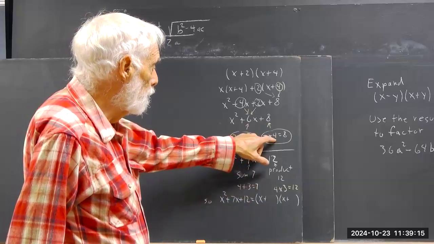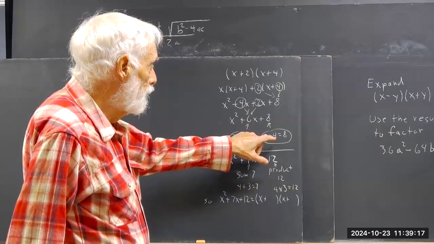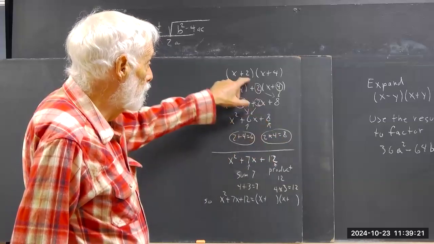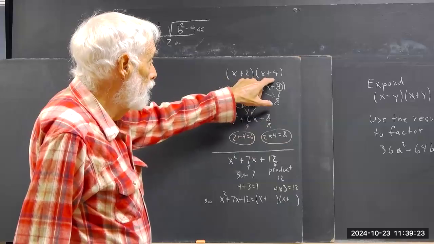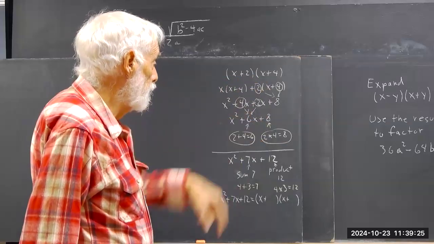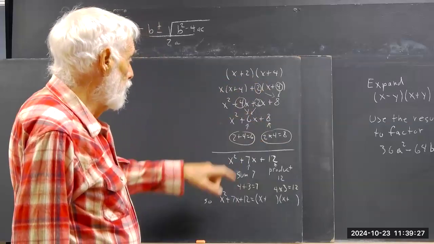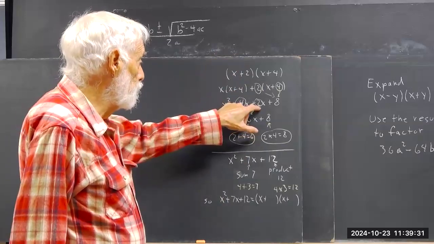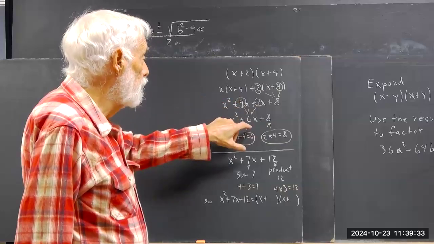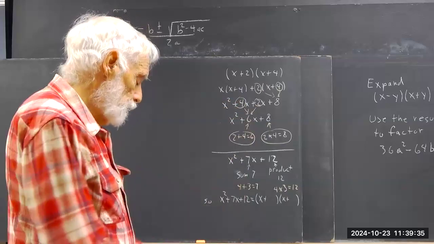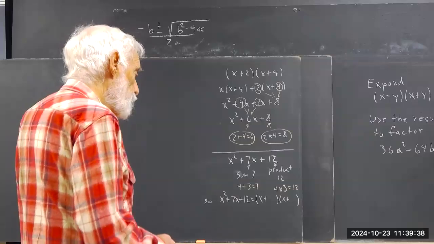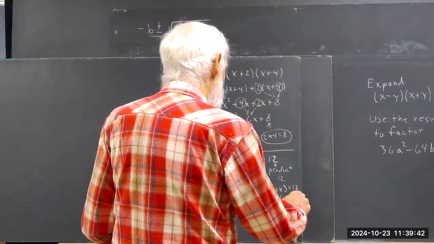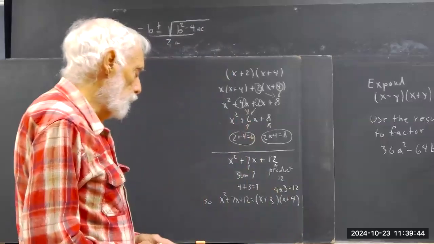Well, the 2 and the 4 multiplied give us 8. That's where this 8 came from. And there's a 2 and a 4 that you multiply to get 8. And then the 2 plus 4 is 6. When we expand this, we get the 2x plus the 4x, we get the 6x. So when we come down here, we're going to have x plus 3 times x plus 4.